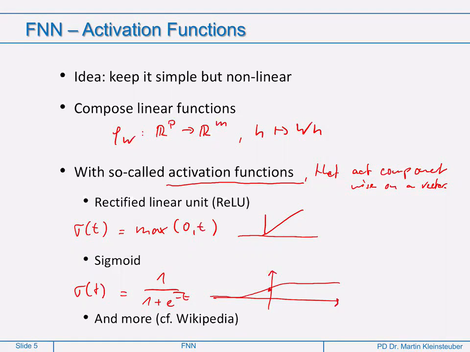And there are many more of these simple activation functions. They are motivated a little bit from neuroscience, where you say you need a certain input, and if this input is above a certain threshold, then this neuron is firing and is giving out information. So this is somehow a little bit motivated from that.